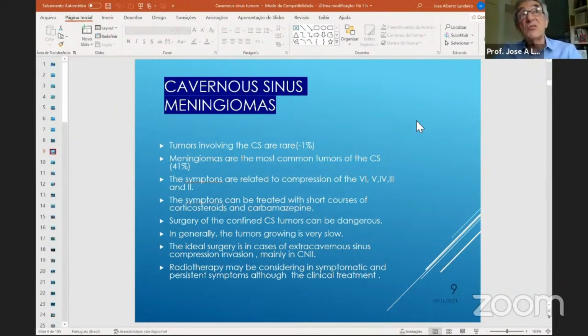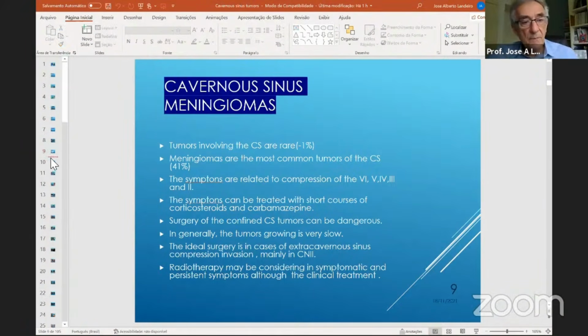The ideal surgery to the cavernous sinus is in case of extracavernous sinus meningioma with invasion, mainly tumors that invade the optic canal and compress the optic nerve, the 5th nerve, or the 3rd nerve. Radiotherapy can be considered if the patient persists with symptoms despite the clinical treatment.